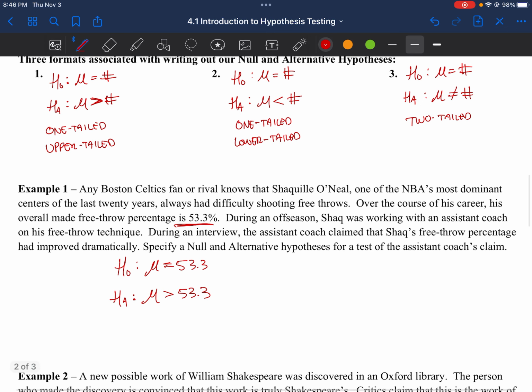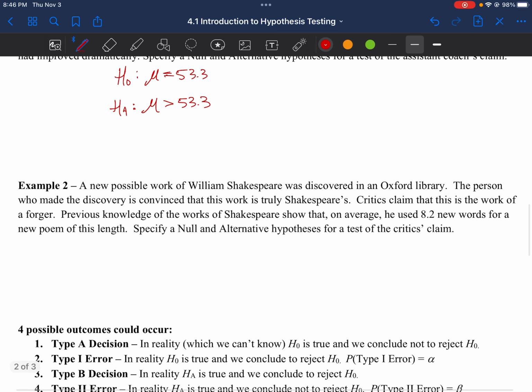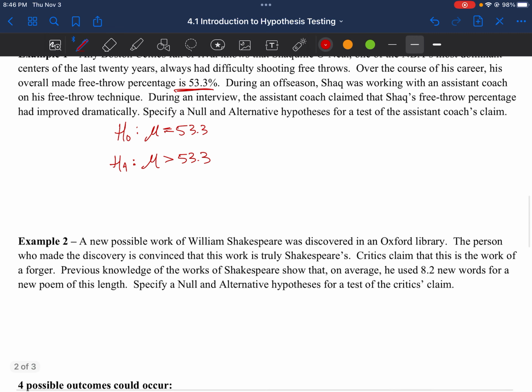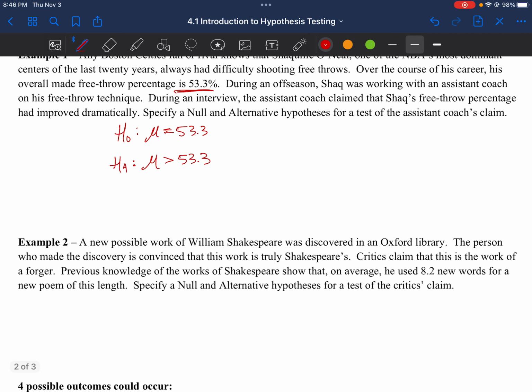All right, so now here's another example. A new possible work of William Shakespeare was discovered in an Oxford library. The person who made the discovery is convinced that this work is truly Shakespeare's. Critics claim that this is the work of a forger. Previous knowledge of the works of Shakespeare shows that on average he used 8.2 new words for a new poem of this length.